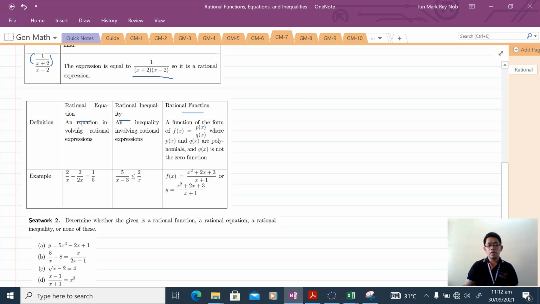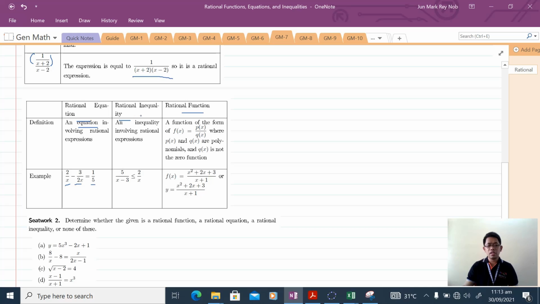You have there the term equation, so it is expected that there should be an equal symbol. Notice that this one is a rational expression, this one is also a rational expression, and this one too. So if it is an equation involving rational expressions, therefore this is a rational equation.